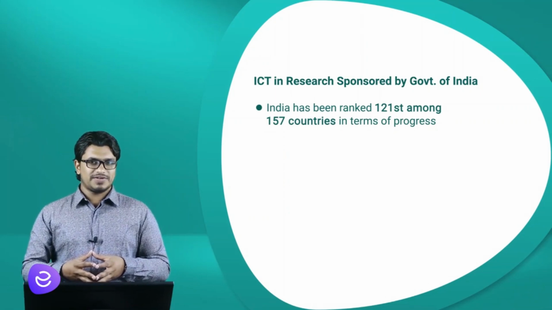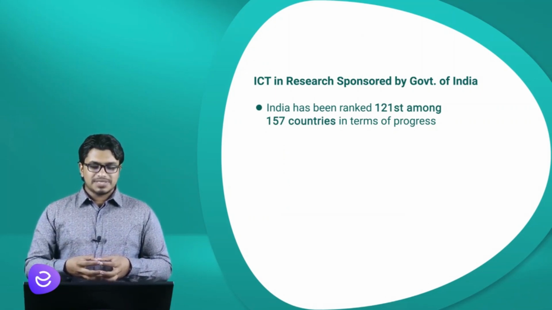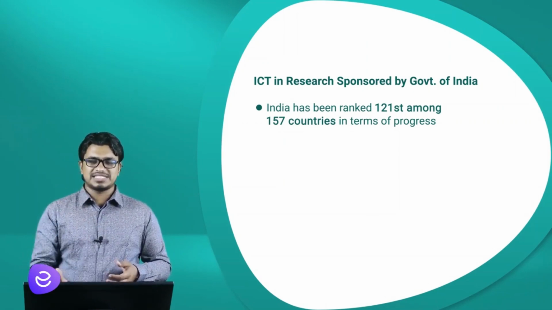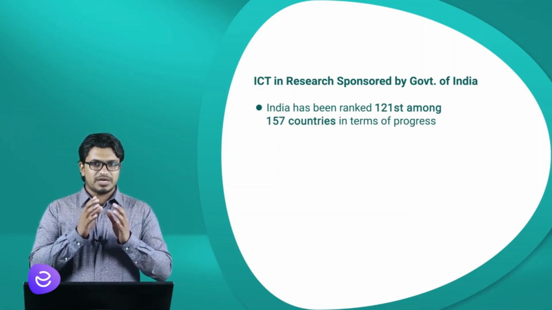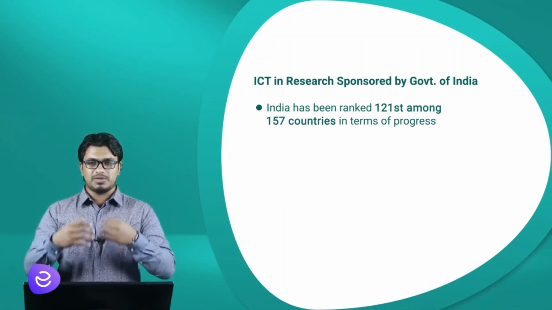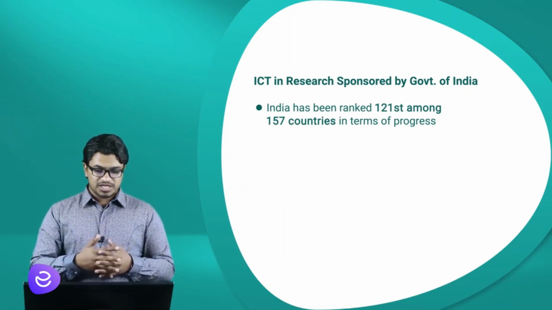So we are somewhere near the bottom actually. The telecommunication sector makes an assessment of all the countries, and India, because of some problems, maybe population, maybe problems of accessing, has ranked somewhere near the bottom.